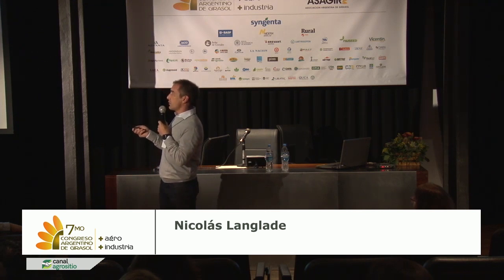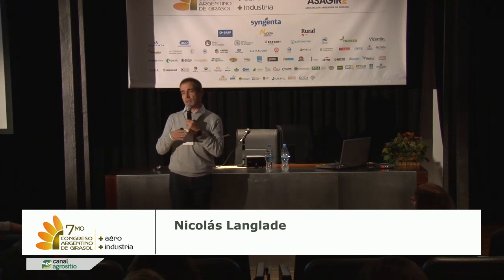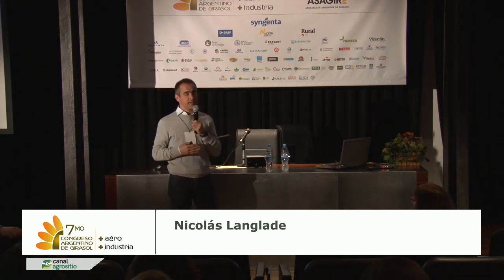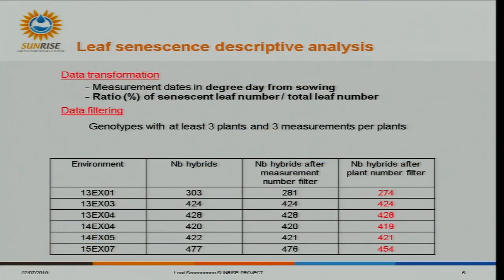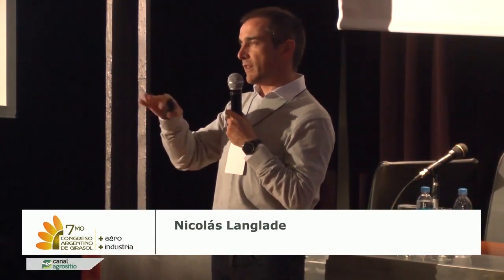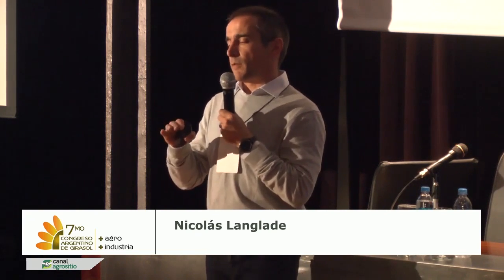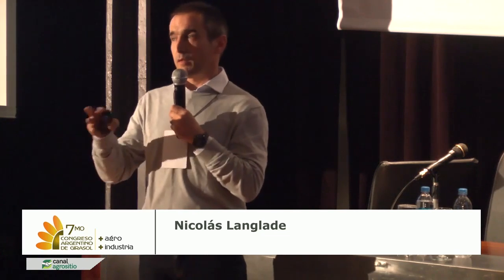So how did we measure it? Basically, of course, we transform the calendar date into degree day time, thermal time, and we measure the senescence as the ratio of senescent leaves over the total number of leaves, okay? And we filter the data to keep only plots where we had the data on at least 3 plants, because usually we do 4 plants. So we kept the data with 3 or 4 plants and with 3 dates.